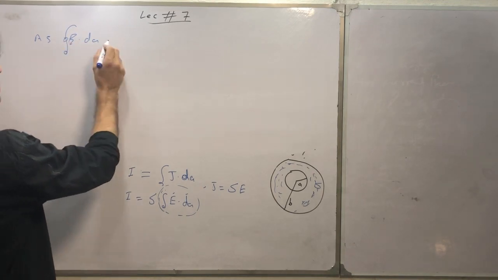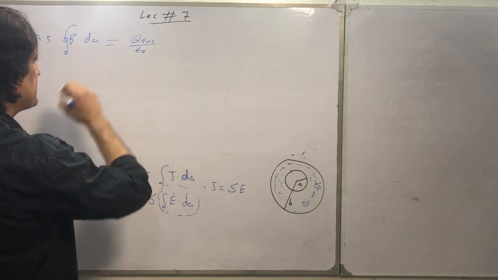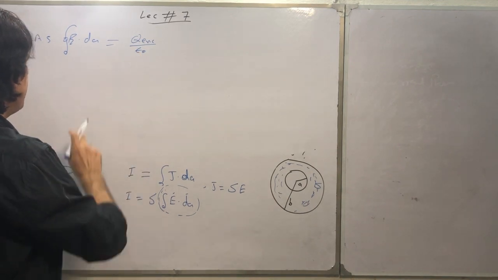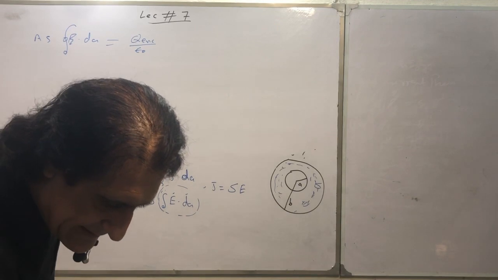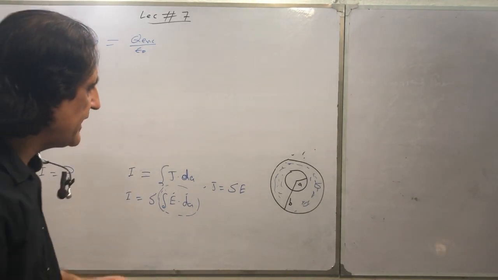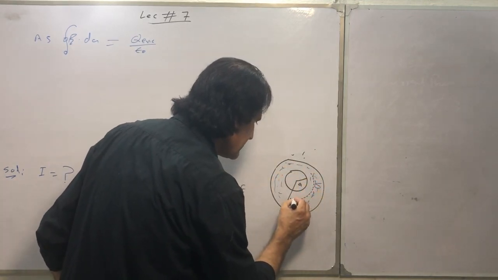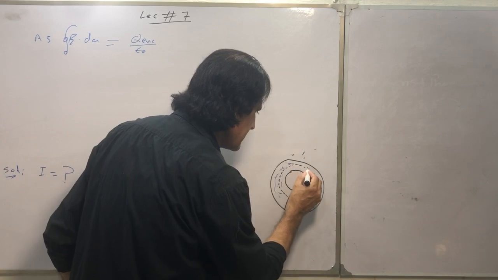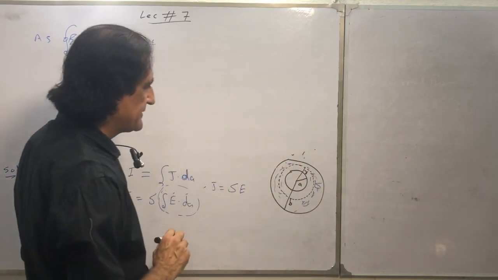This is for a closed surface, which is equal to the charge enclosed divided by epsilon naught. And if we find the electric field from this, what is the requirement? The requirement is that we have some Gaussian surface, a Gaussian loop with some radius r.